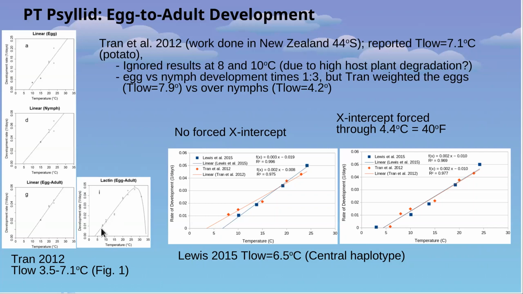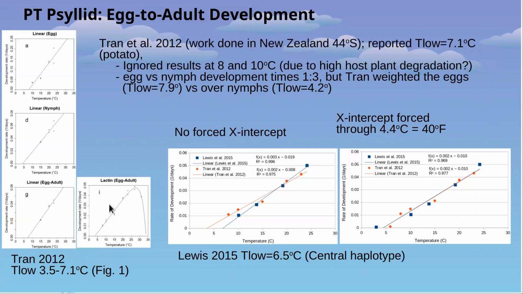So when you fit that to the x-intercept, you get 3.5 degrees Celsius. So you really cannot say that Tran's reported result of 7.1 is the threshold. He got this range, and it just depends on which curve he used and which points he included.